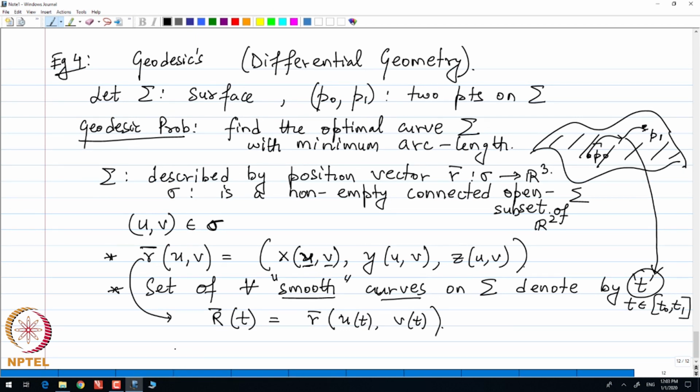Okay. So, in this case my arc length element ds square is going to be, by chain rule, the absolute value of r prime t squared, because this is the length. So, length can never be negative.